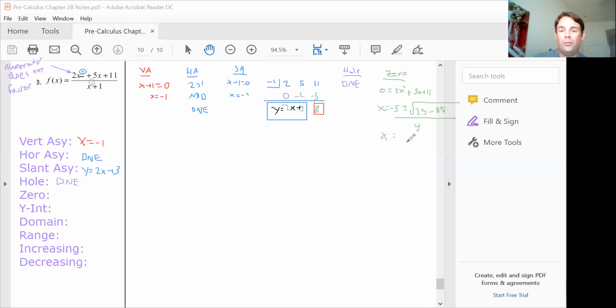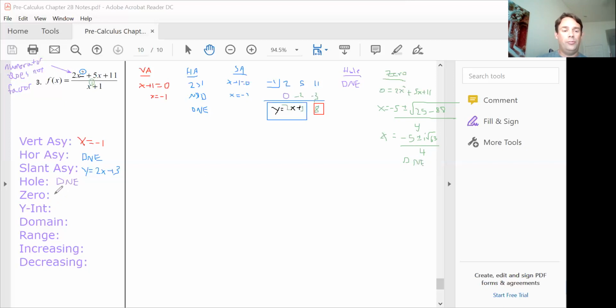x equals -5 plus or minus i square root of 63, all over 4. Well, friends, we have complex roots here, so that means there are no real zeros for me to deal with.